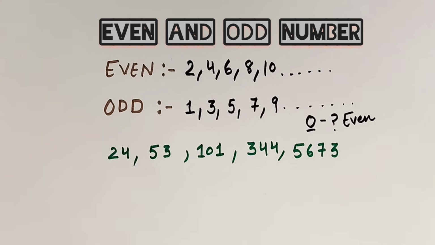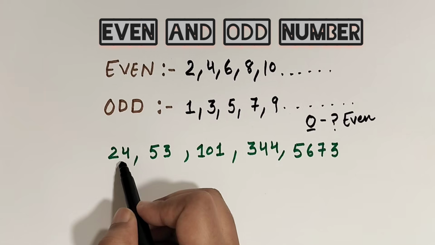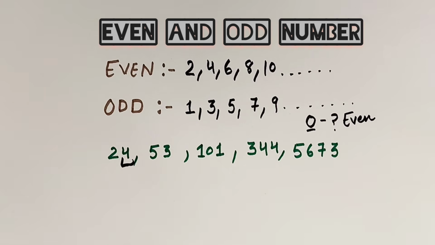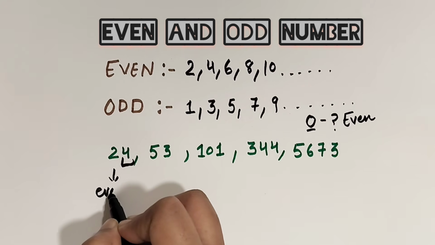Now we have some numbers here and we need to find out which one of these is an even number and which one of these are odd numbers. So let's see. The first number we have here is 24 and the last digit is 4. So the 4 is an even number, so 24 would be an even number.